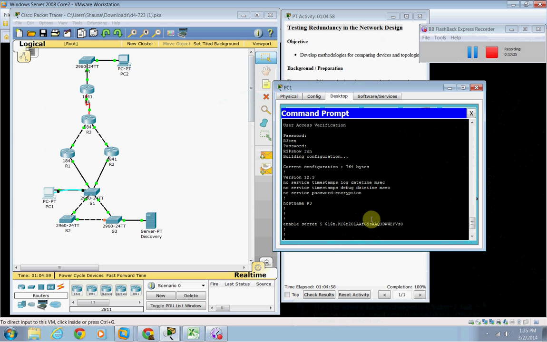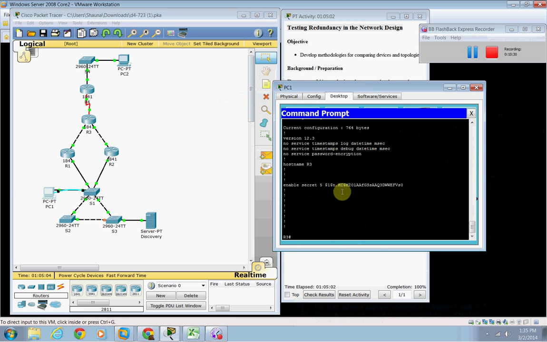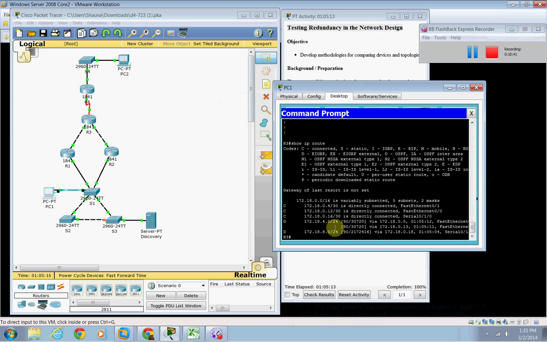Okay, this one shows us our version. We don't really have EIGRP or anything running on here. Then we're going to do show IP route. We have 3 directly connected networks on this one and 2 EIGRP connections running on here.